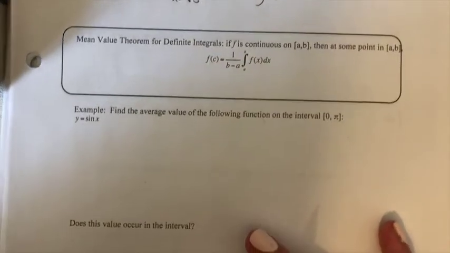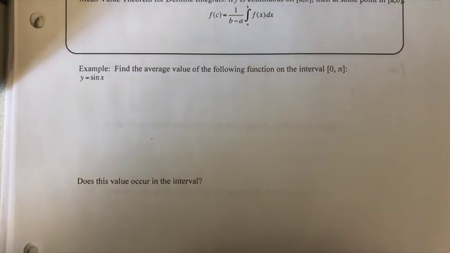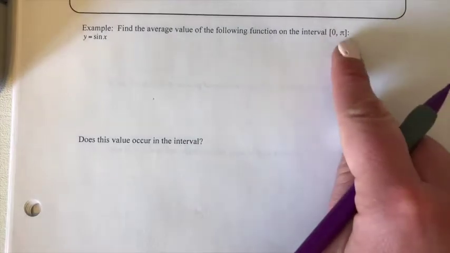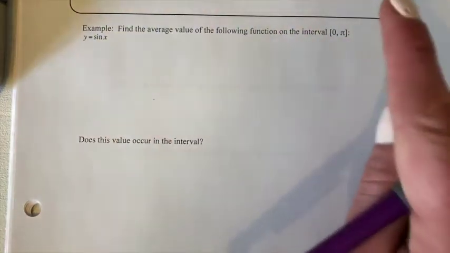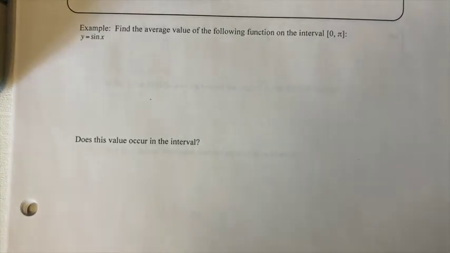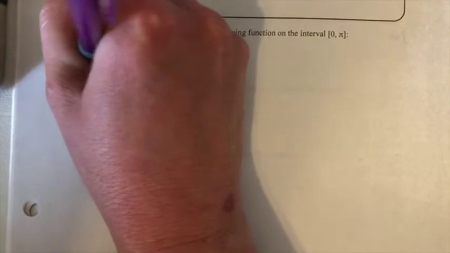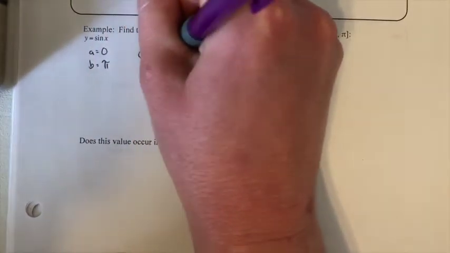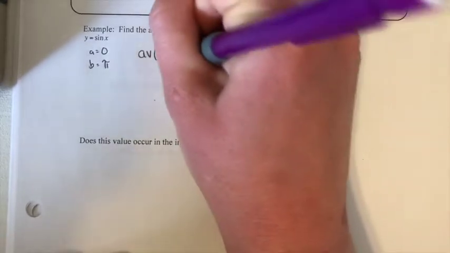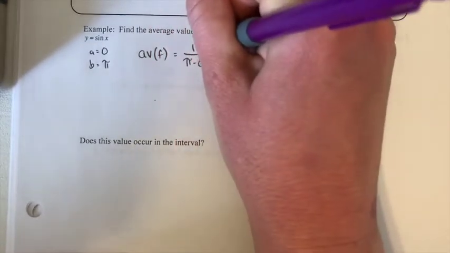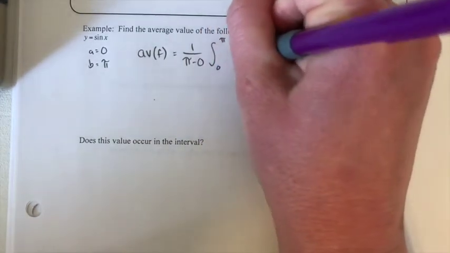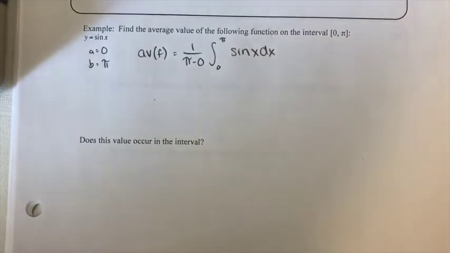Okay, so we're going to find the average value of the following function on the interval 0 to pi. So we're doing y equals sine x, and we're doing the average on the interval 0 to pi. So a is 0, b is pi. So the average of the function is equal to 1 over pi minus 0 times the integral of 0 to pi of sine x dx.